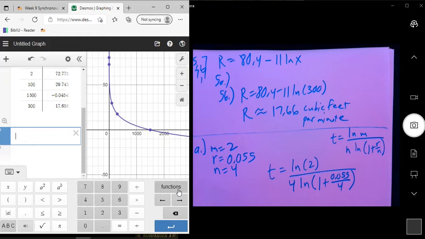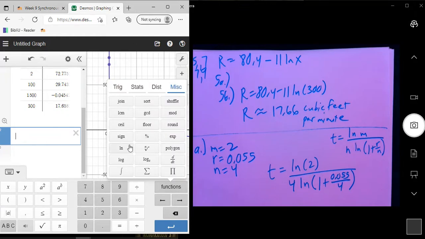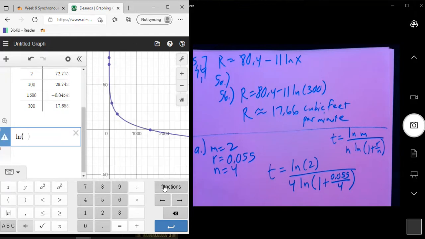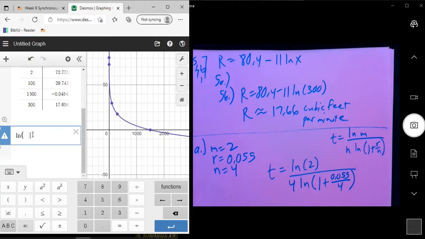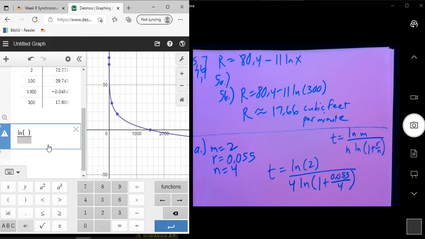So first thing, we'll go to functions. We'll go to natural log. And then I'm going to do the division. Oh, no, that's not. Hold on. I'm going to have to click behind it so we could do the division. And then now I will put in the 2, close my parenthesis.